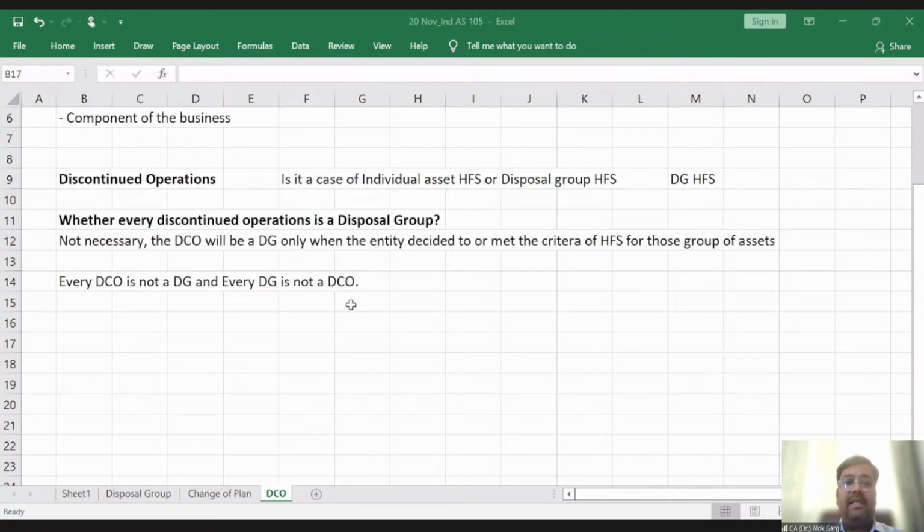As far as non-current asset held for sale or disposal group held for sale, we are very much clear about the presentation. Let's say presentation of NCA HFS or disposal group held for sale.